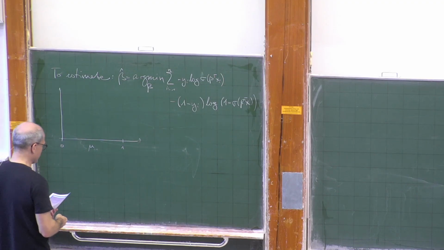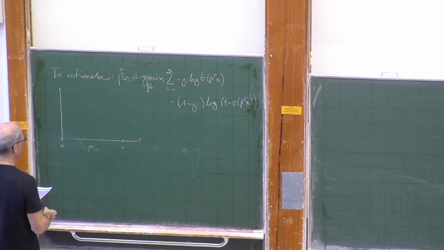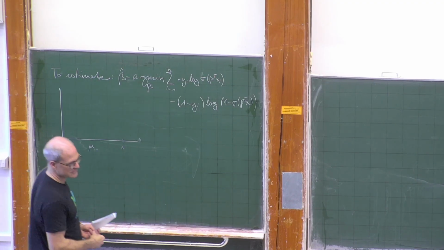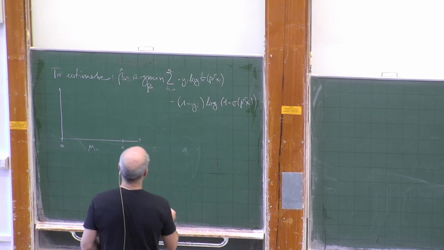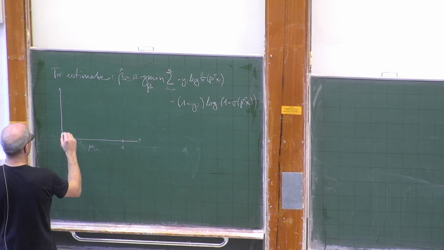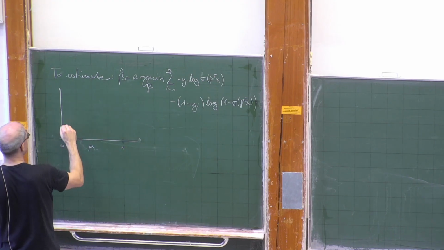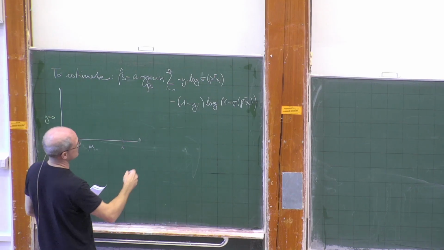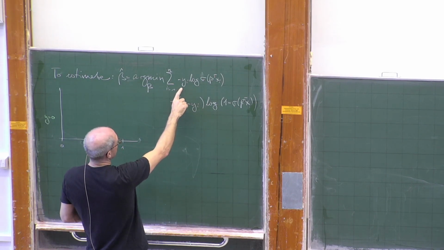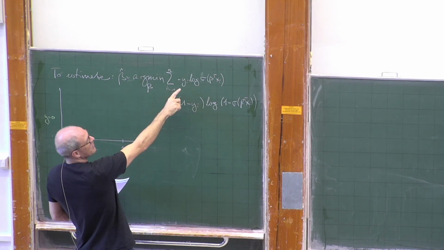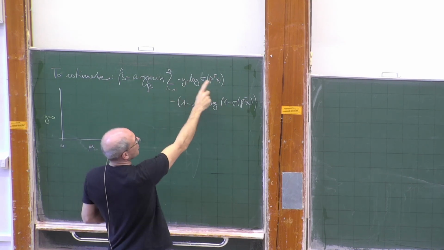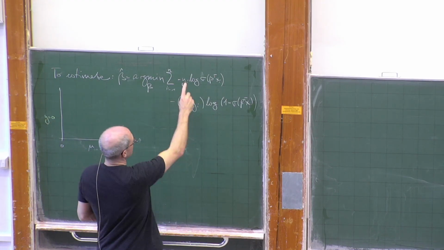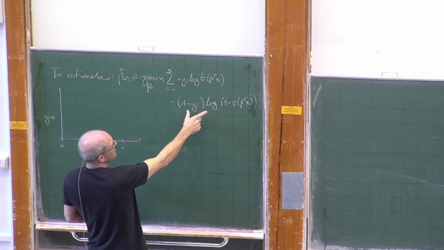And now we can distinguish two cases. We can first ask for the case y equals 0. So I'm using green for the y equals 0 case. In the y equals 0 case, we have 0 times the log of something, and 0 log 0 is here assumed to be 0. So what remains is the other term.